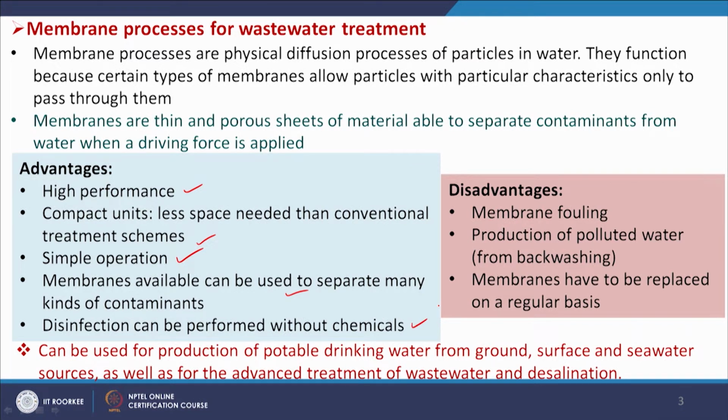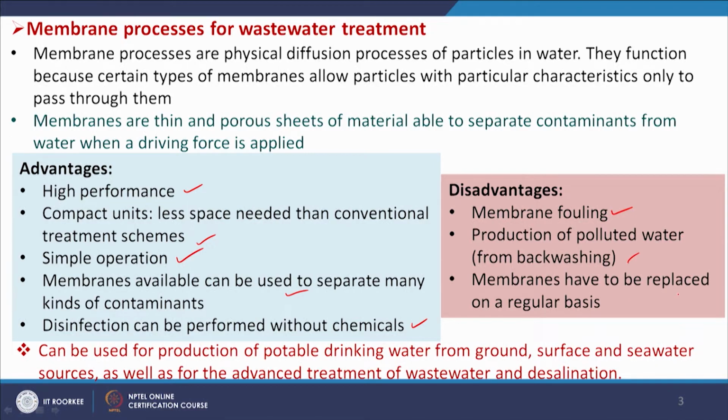But it has some disadvantages also, like membrane fouling. The pollutants are deposited on the membrane surface and also in the pores of the membrane, and those get clogged and it loses its efficiency. And there is production of polluted water.